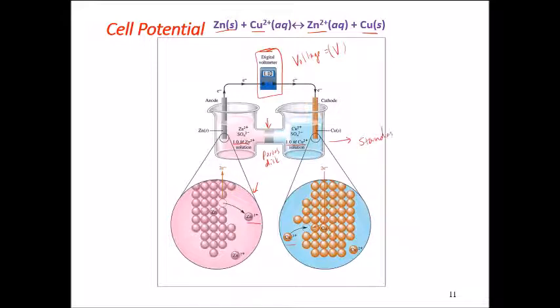So standard conditions, remember, we talked about this in thermo part 2: gases are at 1 atmosphere, the temperature is at 25 degrees, and all solutions are at 1 molar. 1 molar solutions in order to be considered at standard conditions. So that's what you see here, and checking out this lovely particulate model diagram of how the reaction is taking place.